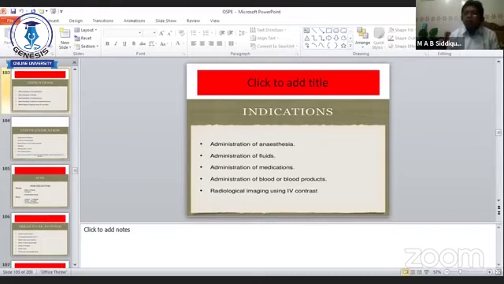Administration of blood and blood products needs a cannula, and 18G is better for this. And radiological imaging using IV contrast, as we discussed in our previous class, IV contrast is used in some CT scans. For IV contrast, we use this cannula. So there are various indications for using an IV cannula, and it is one of the most used appliances in hospital admitted patients.